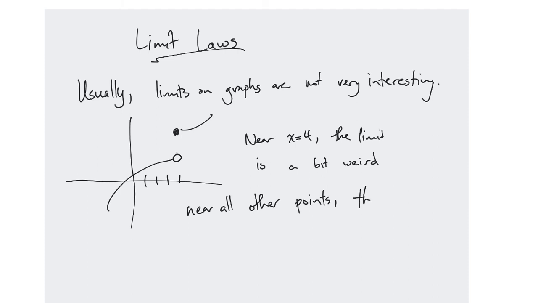Near all the other points, the limit just equals, near all other points, the limit of the function is just equal to whatever the value is at that point. For instance, I didn't even write any y values in here.